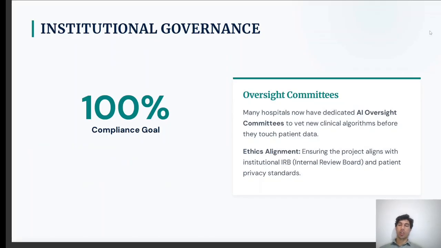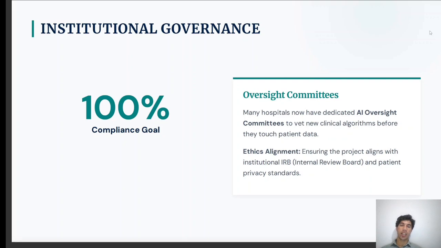Then the institutional governance. We have to make sure that our project is 100% compliant with legal regulations. Many hospitals today have dedicated AI oversight committees to evaluate new clinical algorithms before they touch patient data, so we need to have their compliance as well.